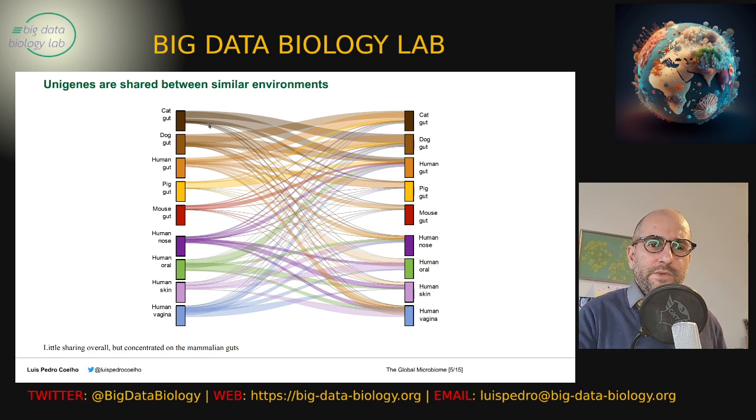If you just count, there's actually slightly more sharing between the cat and the human. In any case, it seems that it's these pets, the cats and dogs, rather than pigs or mice, whose microbiome really resembles ours the most. So this was already pretty interesting.